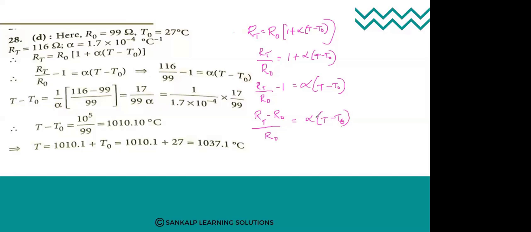We require only T, so transfer alpha too. This will be RT minus R naught, with alpha into R naught in the denominator, equal to T minus T naught. You can do this much simplification. Lastly, transfer T naught, which just means addition. If you want, you can copy down these steps.